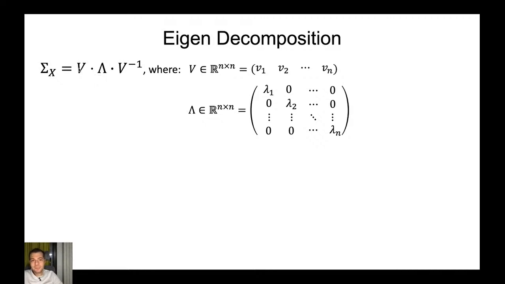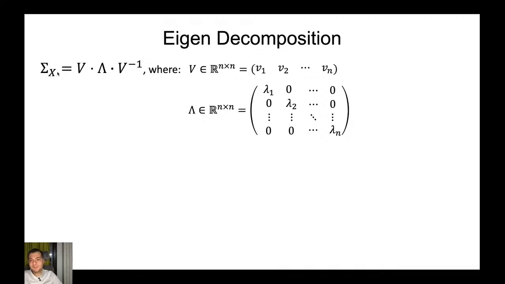Here we put all the eigenvectors that can be solutions of this equation. We have n of these vectors and we put them all in this square matrix V. We also multiply with the inverse of this matrix on the right, such that the equation from the definition becomes something like this. V multiplied with its inverse cancels on this side, and the right term will look something like this.